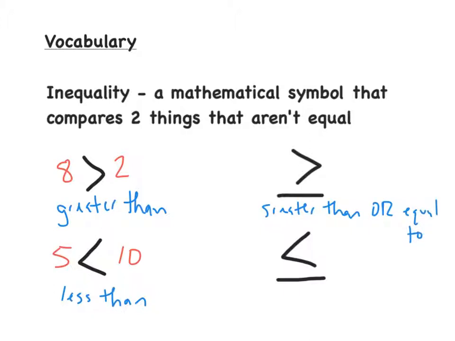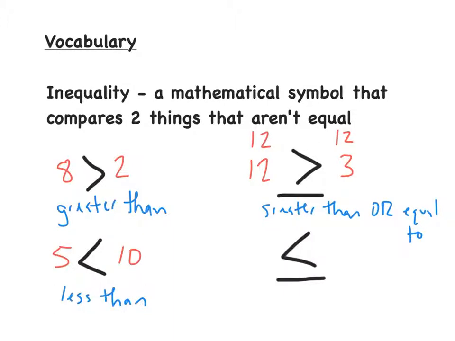For example, it could be written as 12 is greater than or equal to 3. It could also be written as 12 is greater than or equal to 12. The or equal to is what's important in this section.